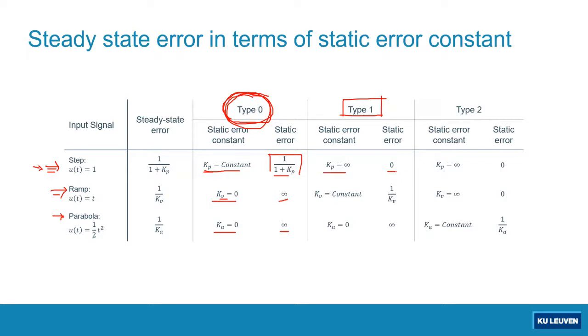The steady state error of the step response in our type 1 system will be equal to 0.